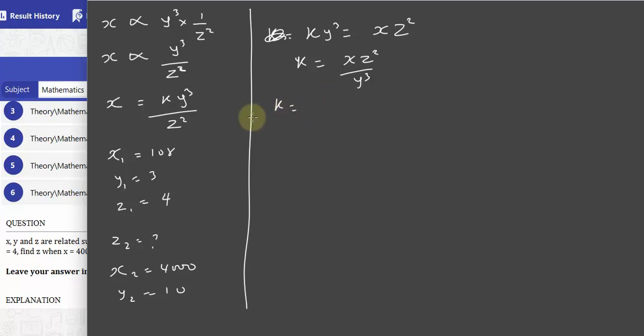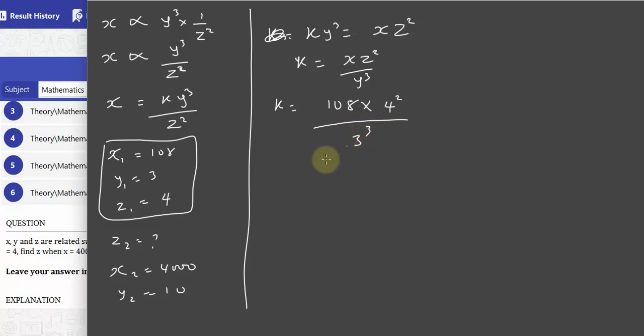Plug in the values of x1, y1 and z1. That gives you 108 times 4 raised to the power of 2, divided by y, which is 3 in this case, 3 raised to the power of 3. Then if you solve for this, you get 108 times 16 divided by 27.